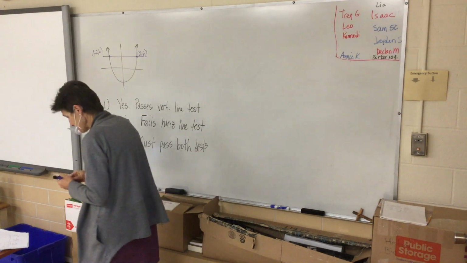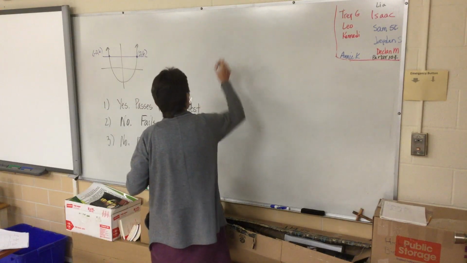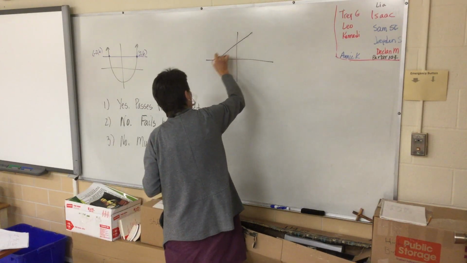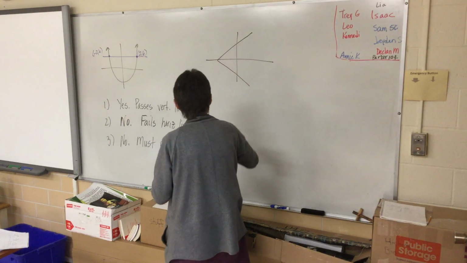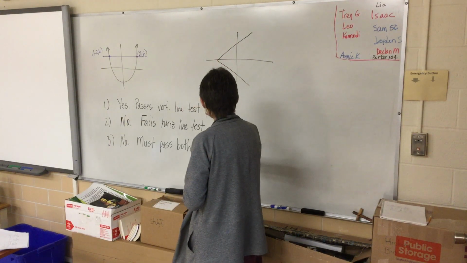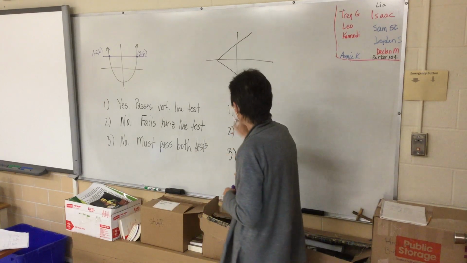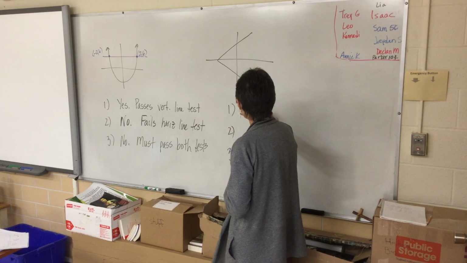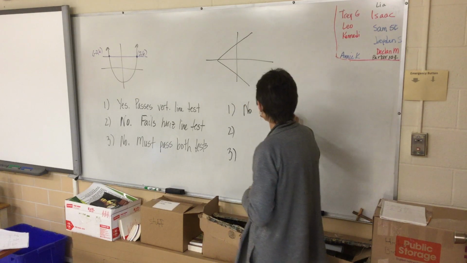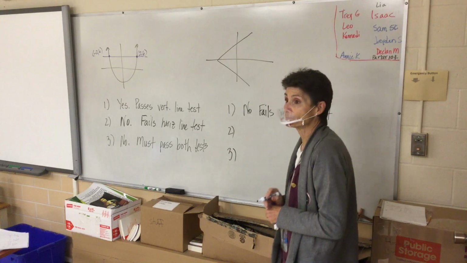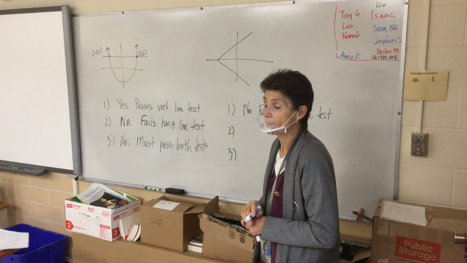All right, let's look at the next thing. Same questions, but this guy is like a sideways V. First question, is it a function? No. It fails the vertical line test, right? Not a function.